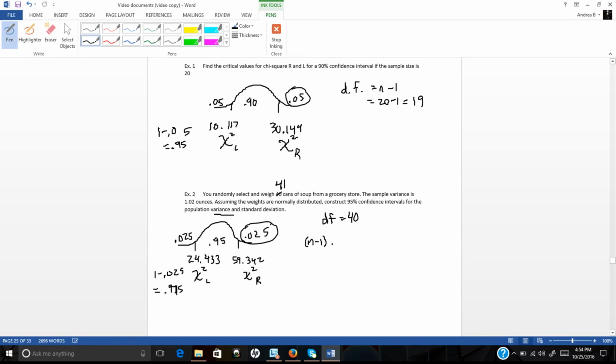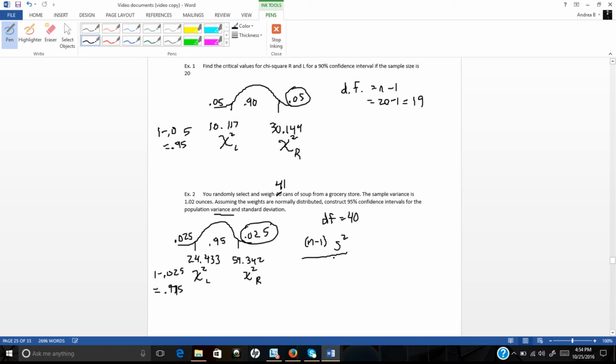We have n minus 1 times our sigma squared, or a lot of times instead of sigma squared you might have s squared from the sample variance. So let me actually write that in instead, because that's what you'll have most of the time, just the sample values. Write it in there as s squared.